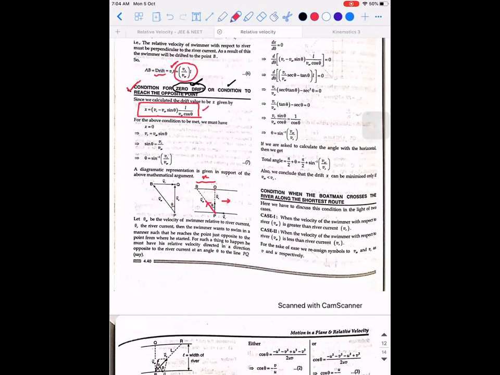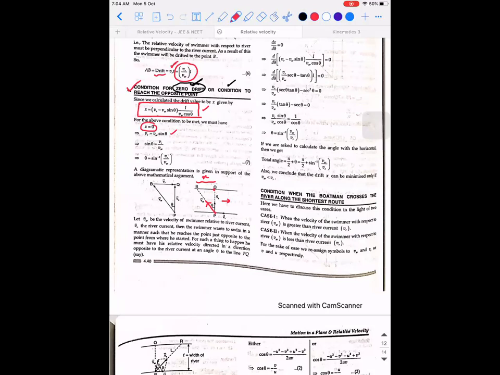So when the person is exactly reaching the opposite end, what will be the drift experienced by him? The drift experienced by him will be 0. Okay. So from this, we can say VR is equal to VSR sine theta, and sine theta will be equal to VR divided by VSR.